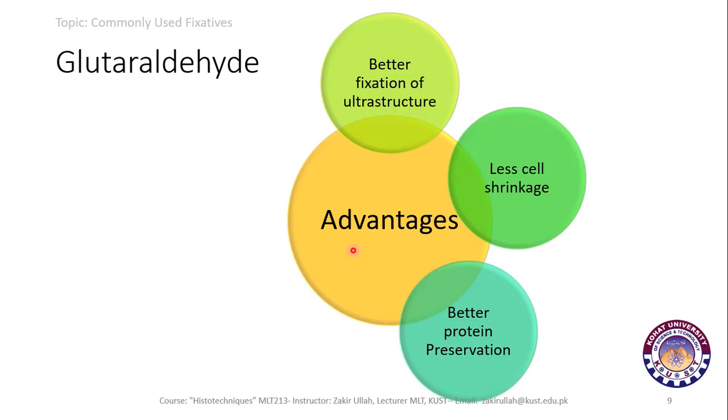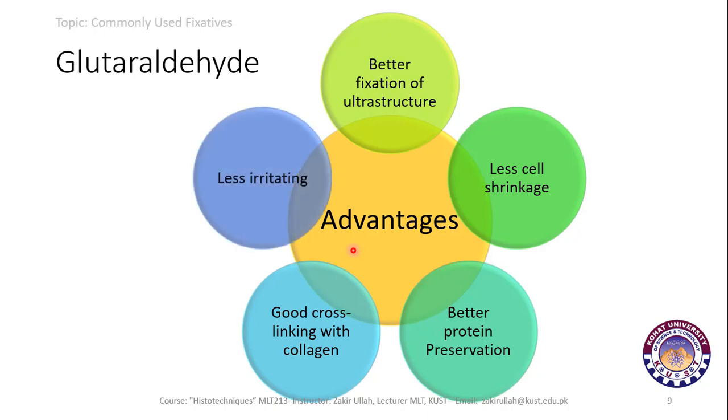Glutaraldehyde preserves protein better than formaldehyde, and it has good cross linking with the collagen. Glutaraldehyde is less irritating as compared to the formaldehyde. So, these are the advantages of using glutaraldehyde as a fixative for the tissue.